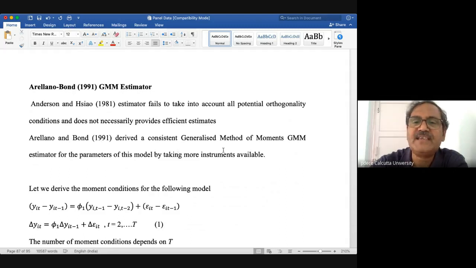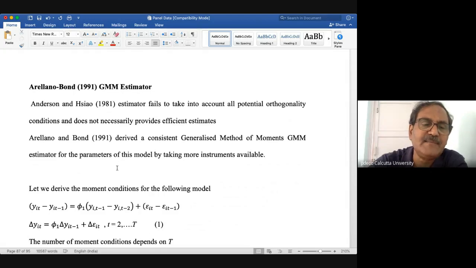Okay, so what is GMM? GMM is generalizing the moment condition. You have an estimation known as the GMM estimation. So how to generalize the moment condition?